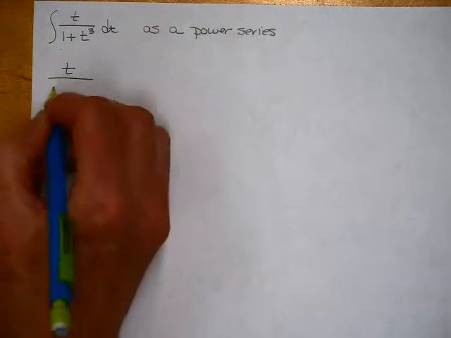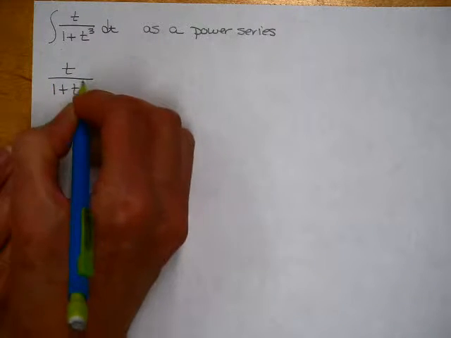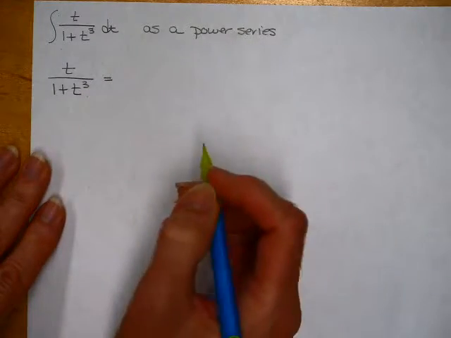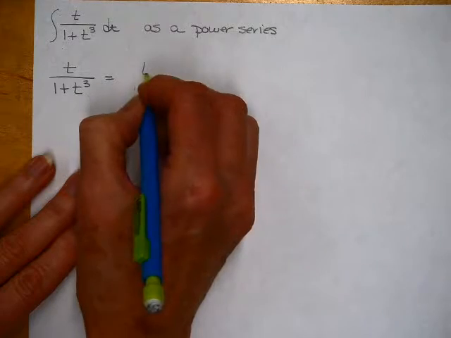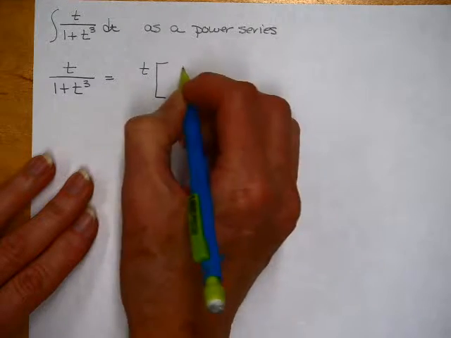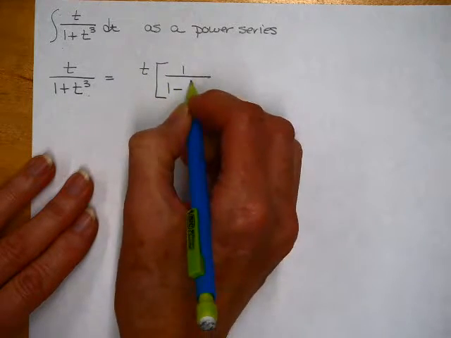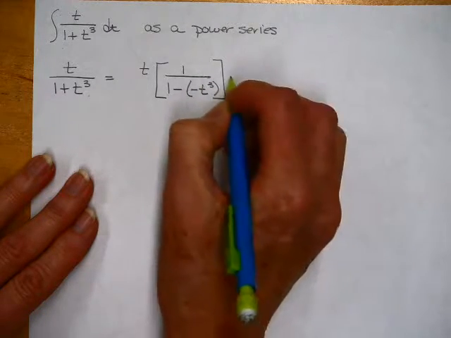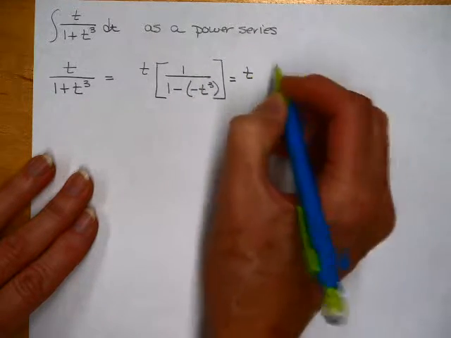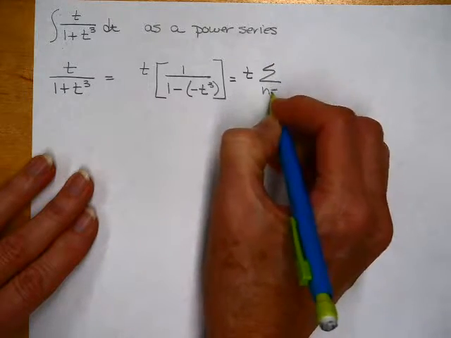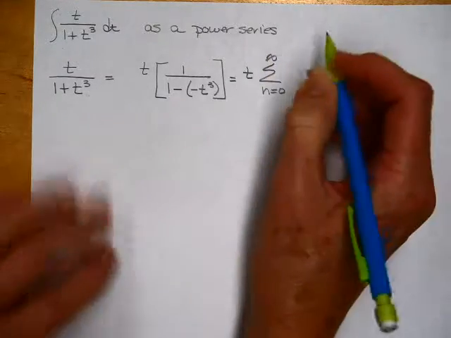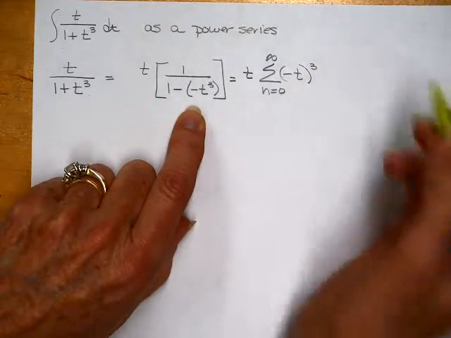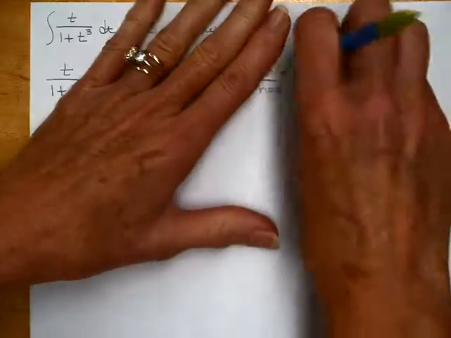So you've got t over 1 plus t to the third. Manipulate that and get it as a power series. So this is t, 1 over 1 minus negative t to the third, which is t, the sum from n equals 0 to infinity, negative t to the third. Sorry, that's wrong.